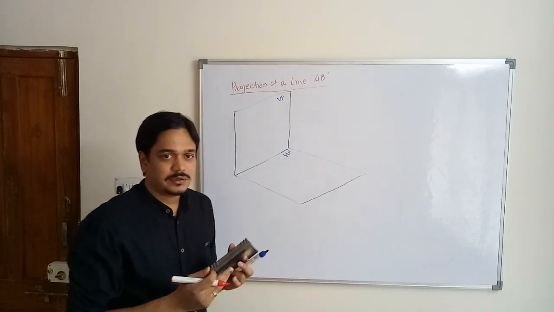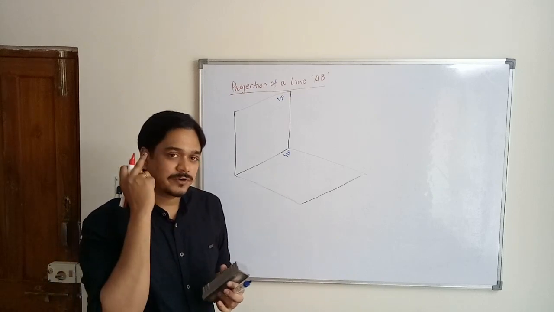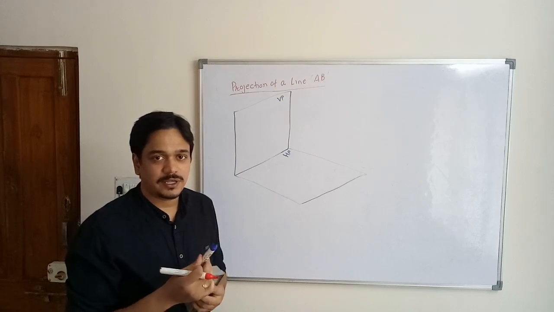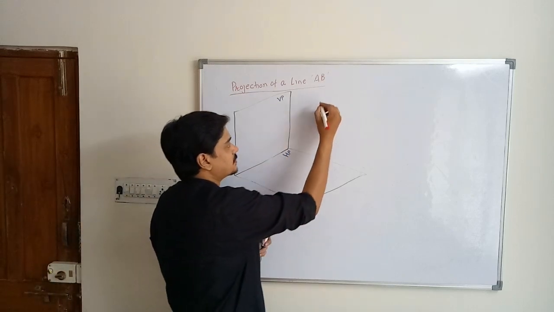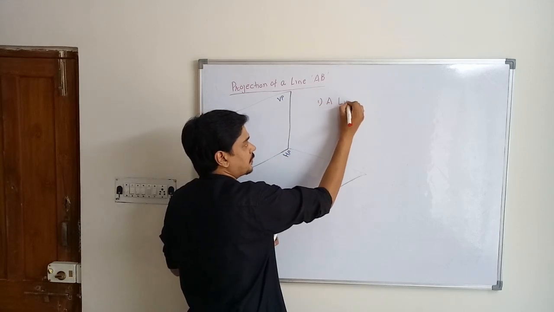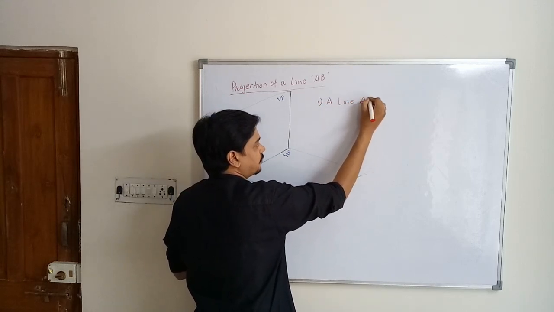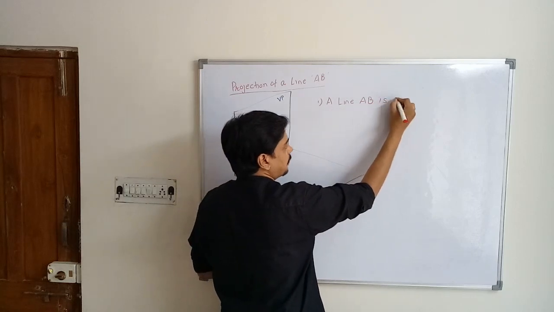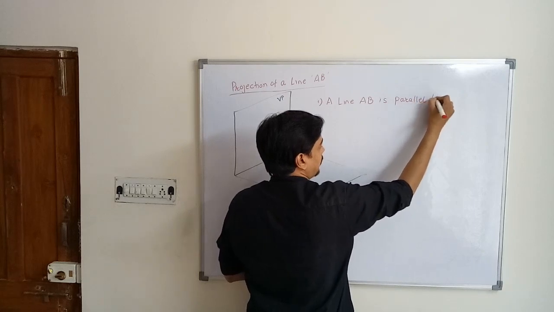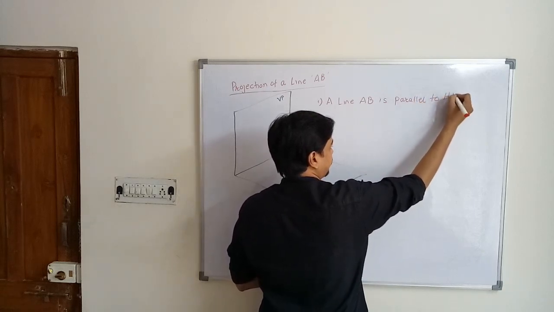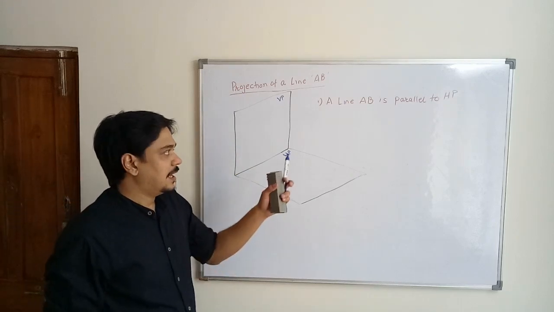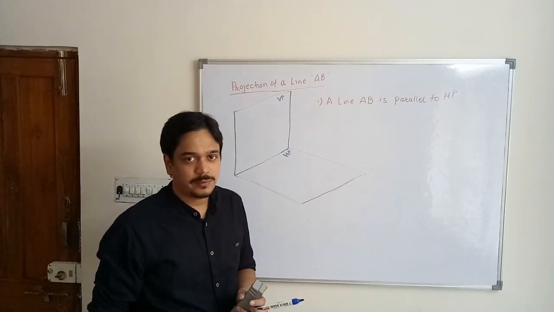There are basically different types of positions which can be obtained in the projection of a line. So first, the line AB is parallel to the horizontal plane. What is the first position? The line AB is parallel to the horizontal plane.